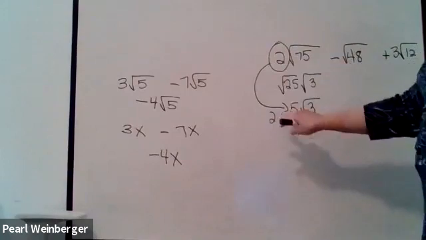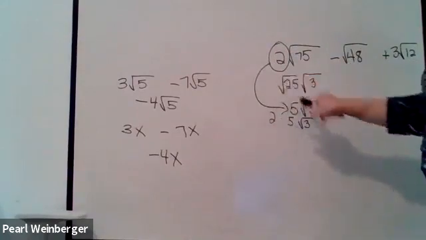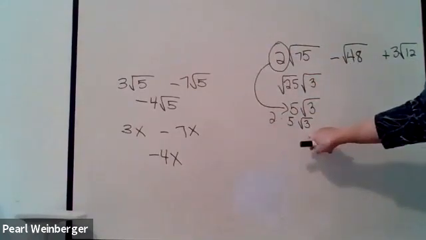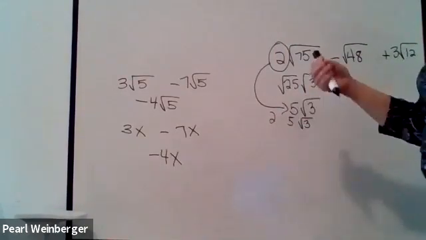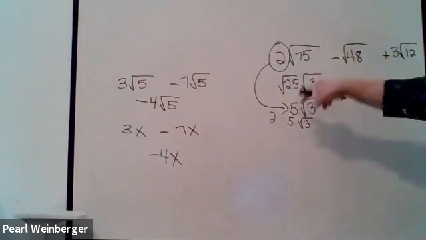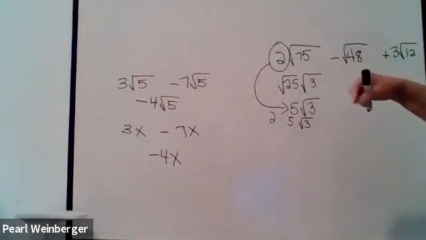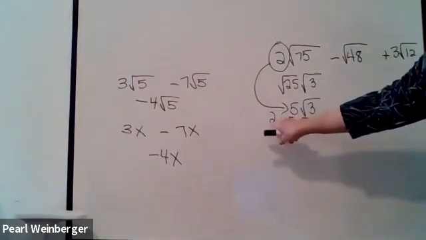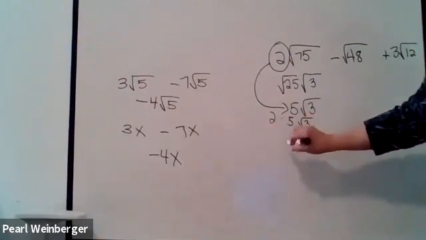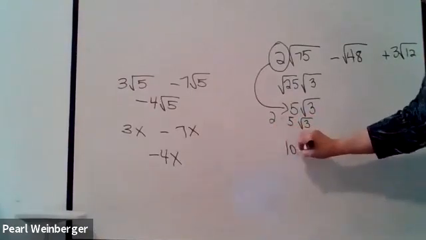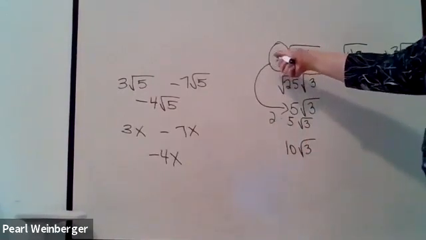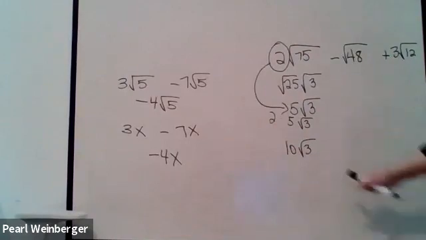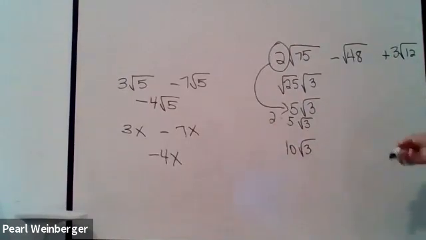You can't take a number that's outside a radical and multiply it by a number inside a radical. But two numbers outside the radical can be multiplied together, and two numbers inside radicals can be multiplied together. So this becomes 2 times 5, which is 10, so 10 radical 3. I simplified 2 radical 75 into 10 radical 3.